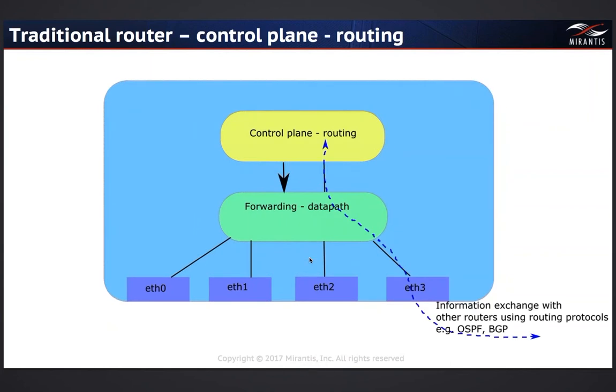So the role of the control plane, routing, is to exchange routing information with other routers running on the same network. And it uses routing protocols we already discussed. It can use OSPF, BGP, and so on. There are some other routing protocols too. So this is a process which exchanges routing information, and based on the collected information, it computes routes.